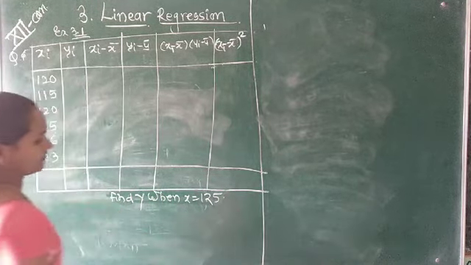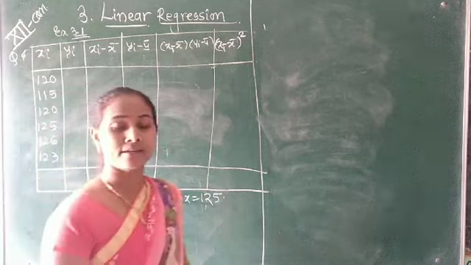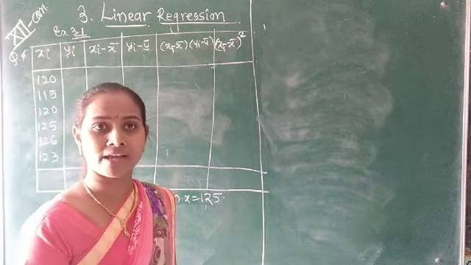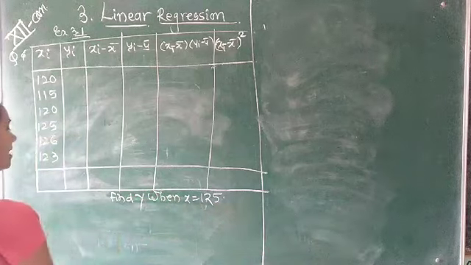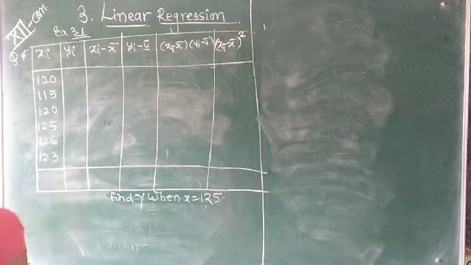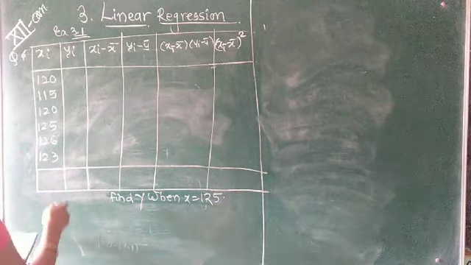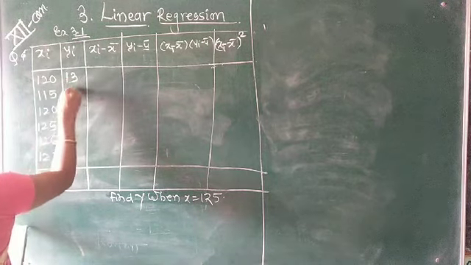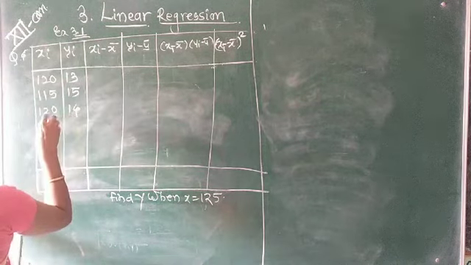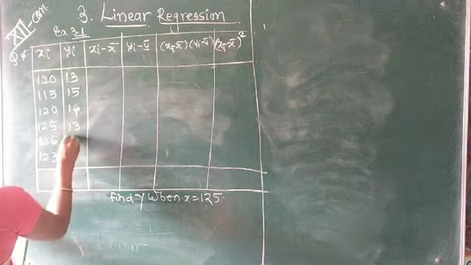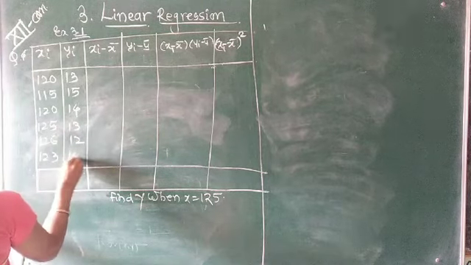In the linear regression equation, we have to obtain one variable using the value of the other variable. Next, the values of y are 13, 15, 14, 13, 15, 14, 13, 12 and 14.